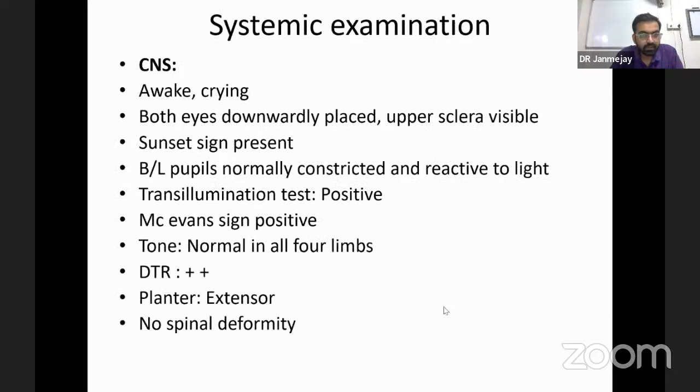On systemic examination, child is awake, crying, both eyes downwardly placed, upper sclera visible, sunset sign present, bilateral pupils normally constricted and reactive to light, transillumination test positive, Macewen sign positive, tone is normal in all 4 limbs, deep tendon reflex is mildly exaggerated, and plantar reflex is extensor with no spinal deformity.